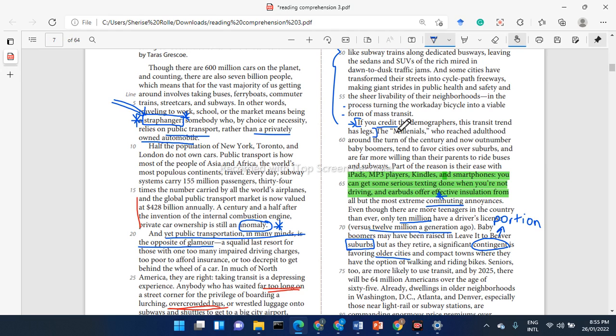I can understand why you would say that. That's the thing about these questions: it's choosing the best one, and sometimes the best one is close to the other ones.